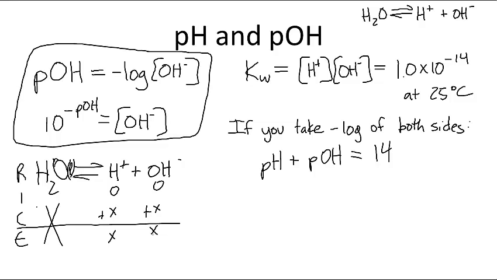So I can just plug that into this equilibrium expression, and I get X squared will equal 10 to the negative 14th. So X equals 10 to the negative 7th. So what that tells me is in pure water, the pH is going to be 7. And the pOH is going to be the same thing, which is also 7.